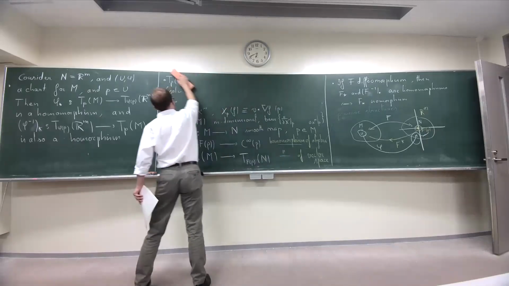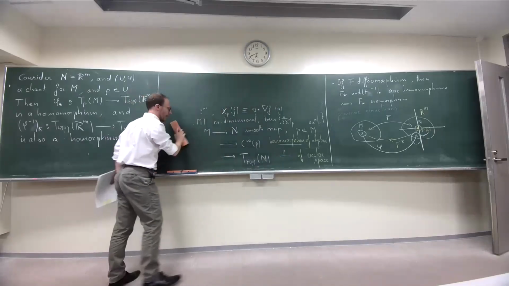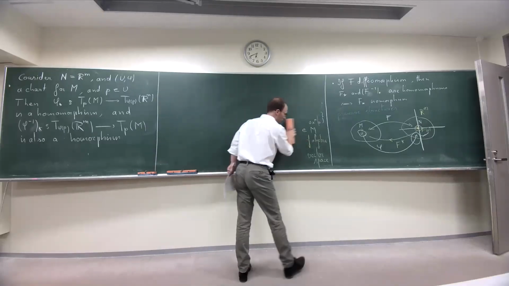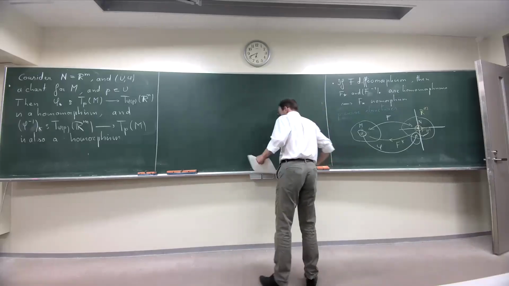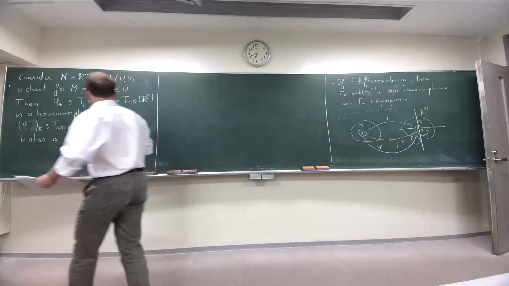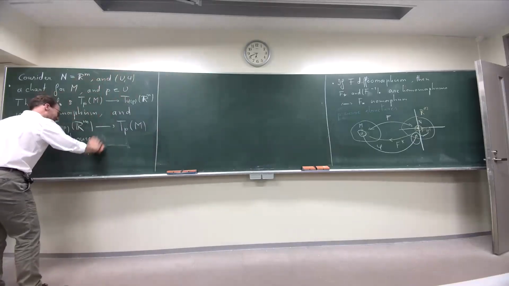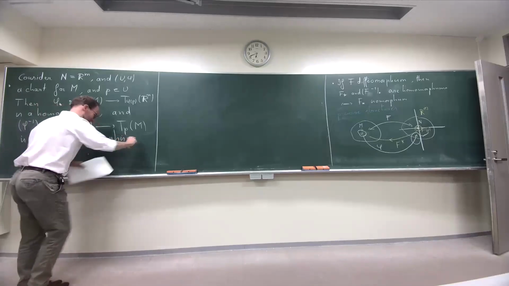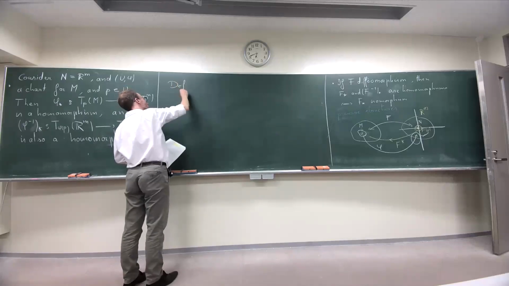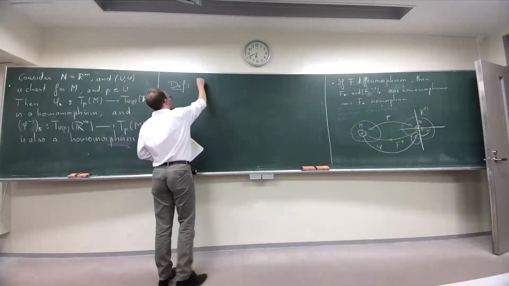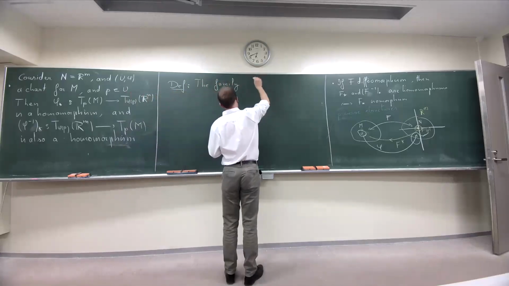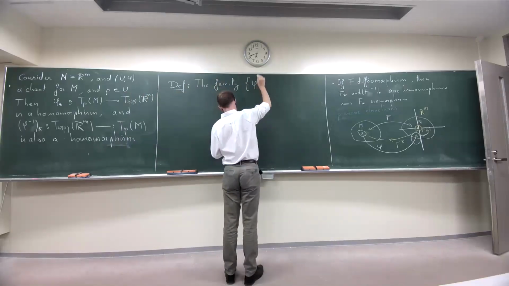And so I'm going to take the image of the basis of Rm as a basis for my manifold M. So the definition of this new basis, the family, phi minus 1 star applied to the basis vectors.